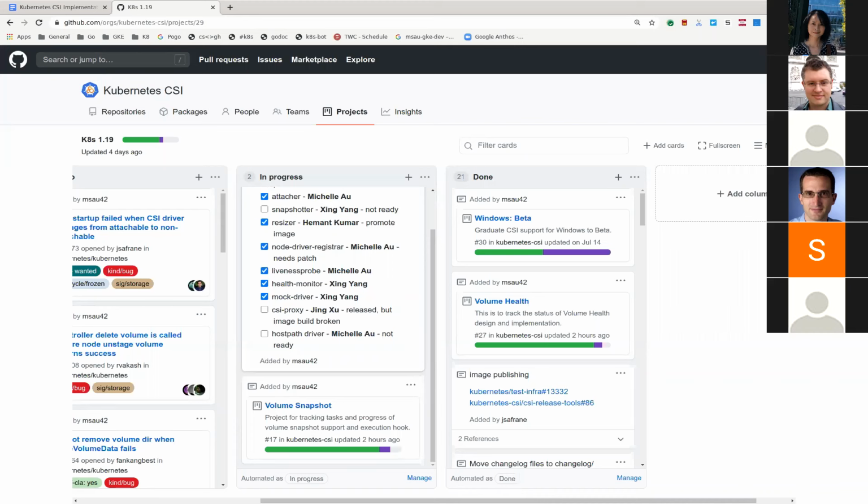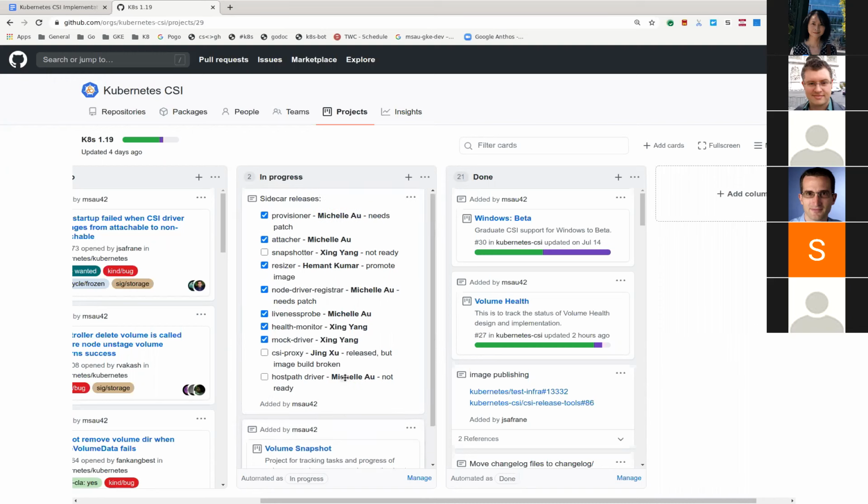I believe Deep is actually going in and upgrading those unchanged APIs to the V1 beta one. I'm not sure if they're going to cut a new minor for that, so I'll have to sync up with them. Other than that, I think that's basically all we're waiting on for 1.19.